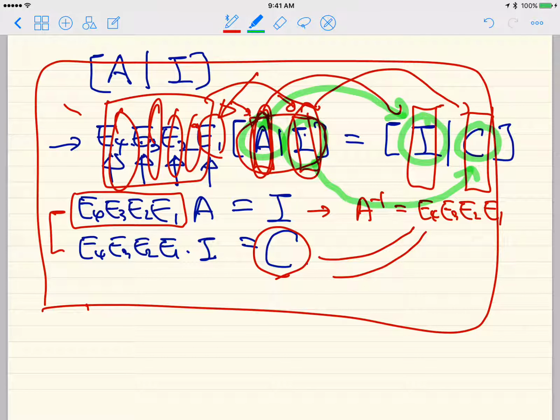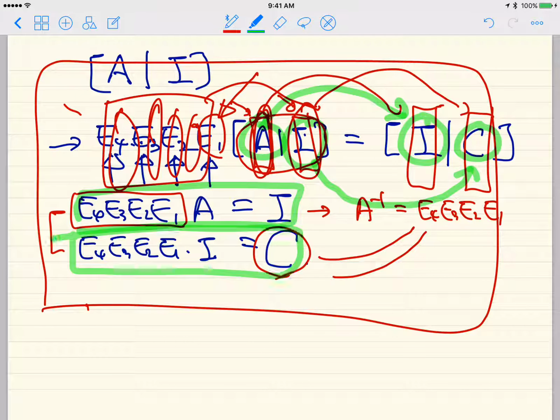And then if we split them into two equations, we obtain this and then this. From here we can see that this part, which is multiplied on the left of A, is your inverse matrix of A. And matrix C is nothing but a multiplication of the exact same matrices on the left with the identity matrix.